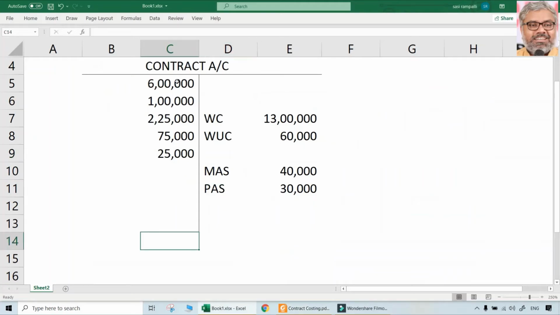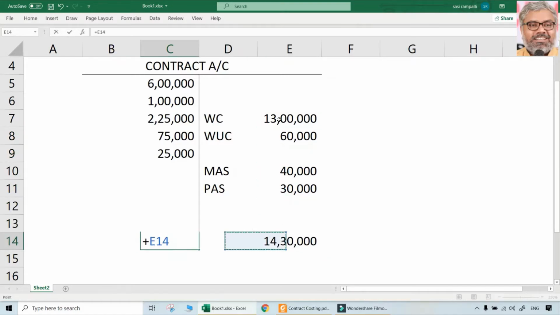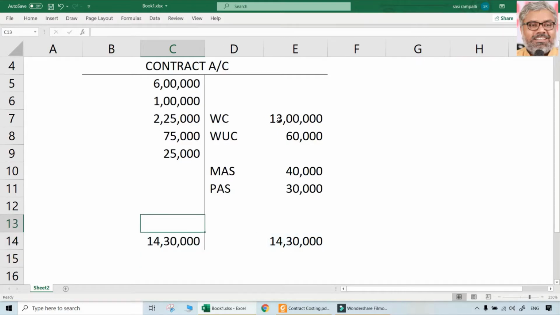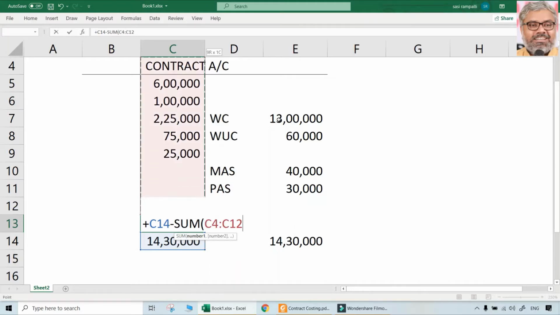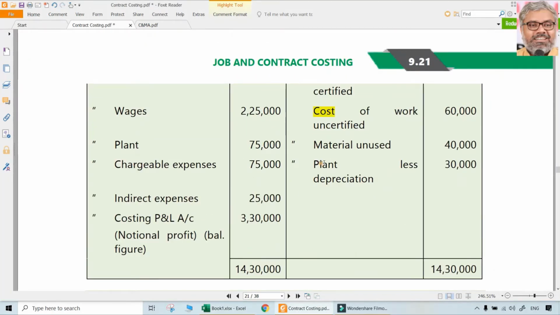All that we need to do is once again totaling and balancing this account. Then what we get as a balancing figure is the notional profit. That is 4 lakhs 5,000. Why?